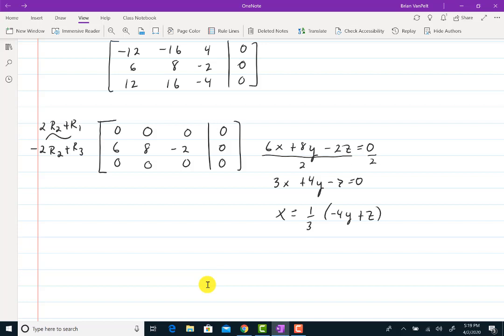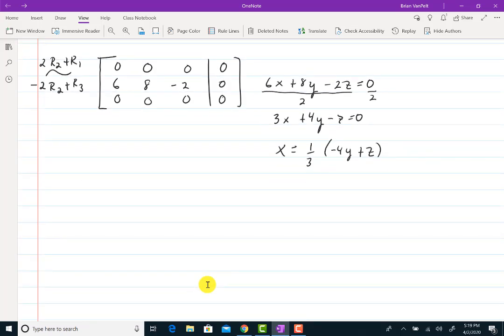This is going to give us 2 vectors because you can allow y to be a number and z be another number. So for example, I could do y equals 3 and z equals 0. And that will give me negative 4. I chose 3 instead of 1 because I want to avoid fractions. Now on the other hand, we could do y equals 0, but z equals 3.